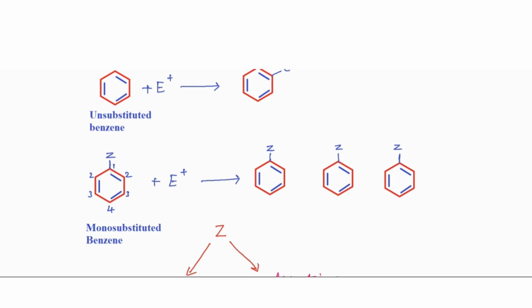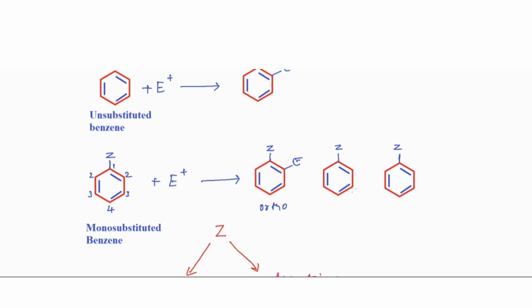Now I numbered here that Z, the group connected on the benzene ring, is the first one. You see here there are three different positions, 2, 3, 4. The electrophile may be substituted here. If it is substituted on the second position, then we call it an ortho substitution.